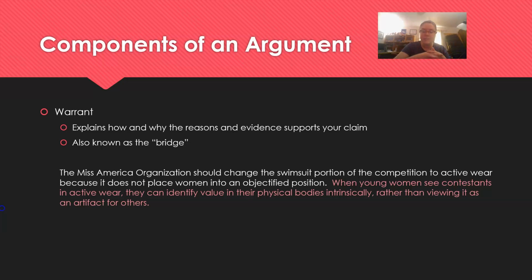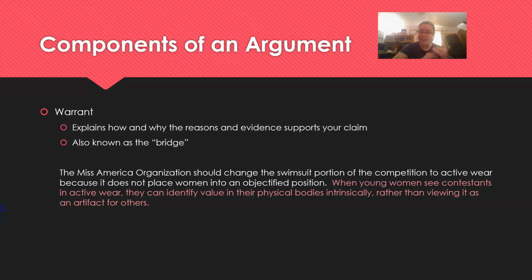So let's look at this example here. The Miss America organization should change the swimsuit portion of the competition to activewear because it does not place women into an objectified position. Okay, we've got our thesis and a specific reason. Enter the warrant. When young women see contestants in activewear, they can identify value in their physical bodies intrinsically rather than viewing it as an artifact for others.